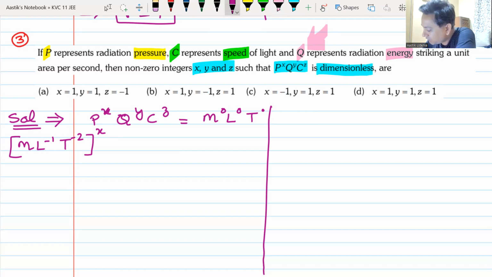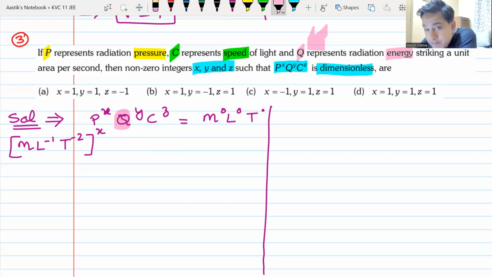Okay, L T minus 1 raised to the power of Y. That is C. I mean, you have confused me, beta. I was talking about Q. What is the dimension of Q? You have given me the dimension of C. What is the dimension of Q? What was Q? Have you read the question?